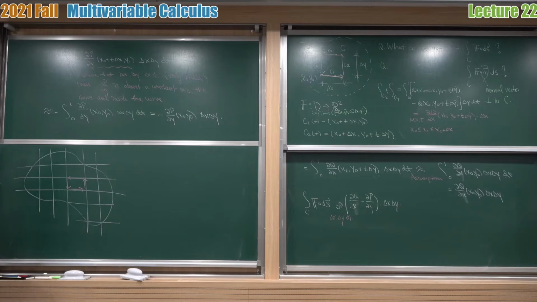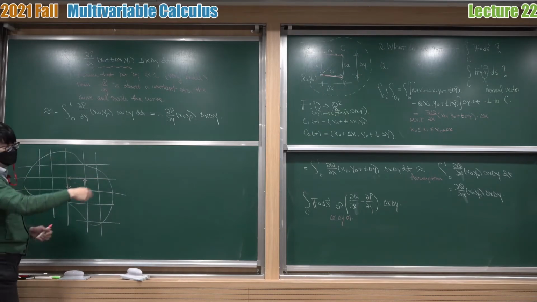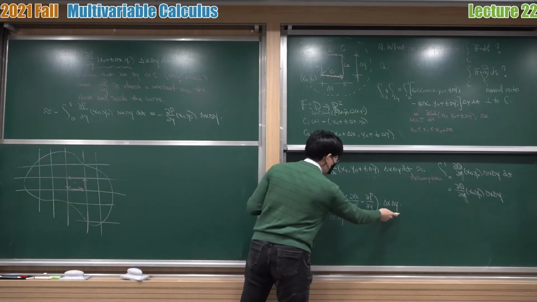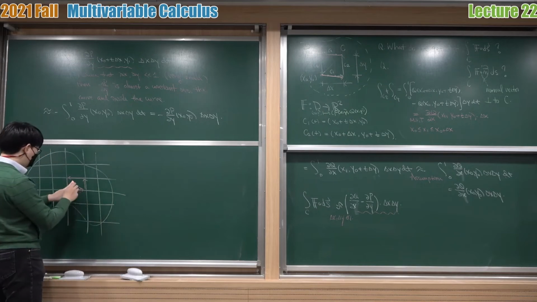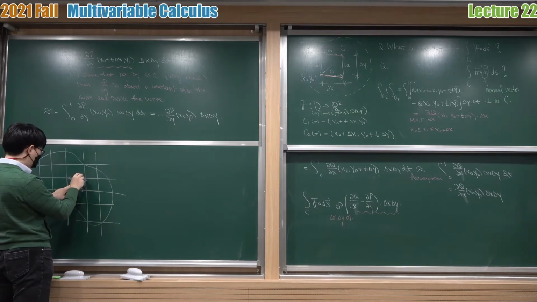So I'm going to take a line integration on these small pieces of curve, and then when I do the line integration over this curve, it's approximately equal to taking these values here. So let's say I have Cij here.